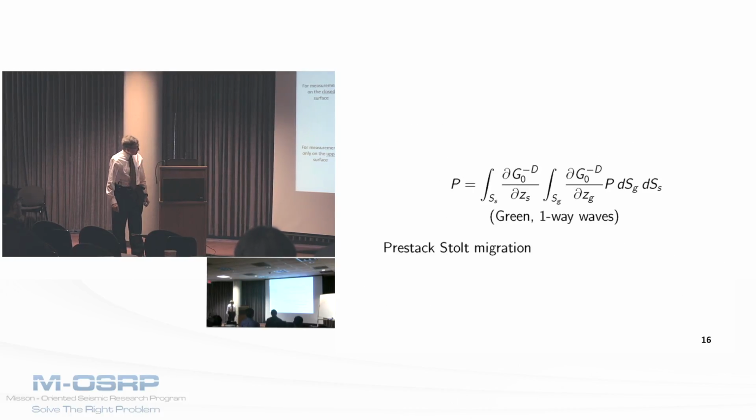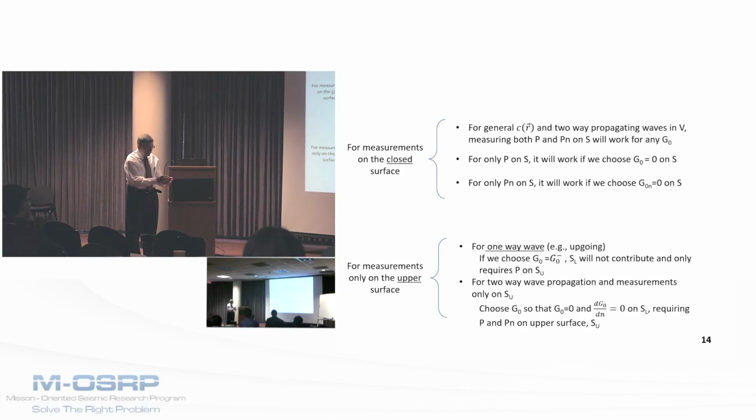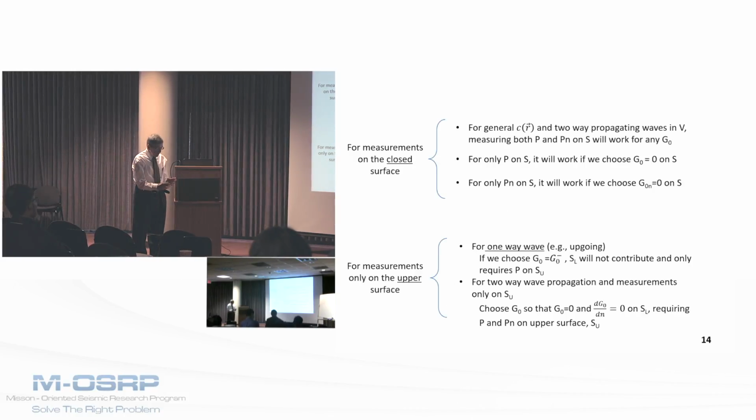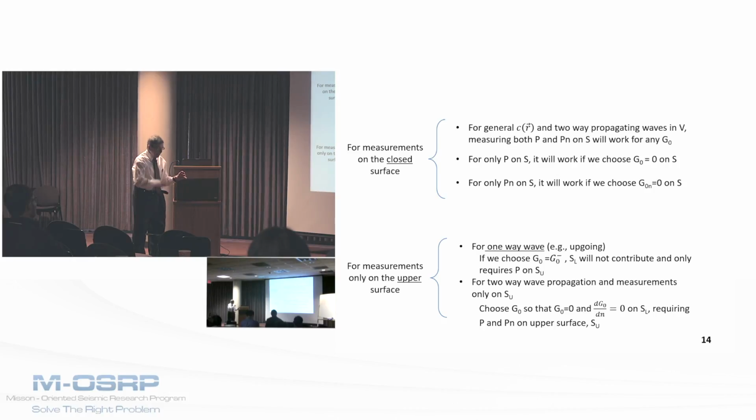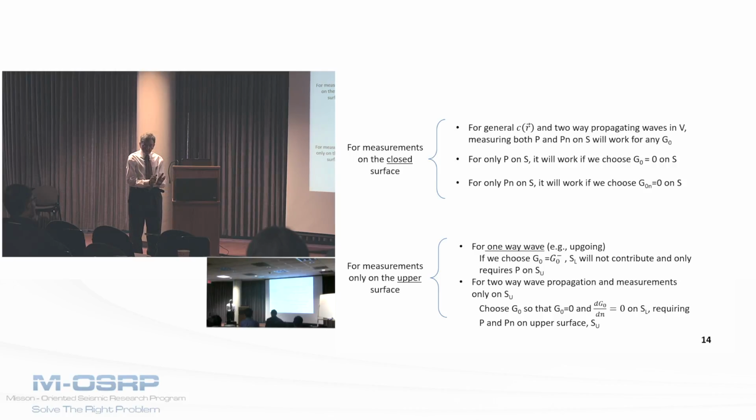Here's a slide. You get P grad G, G grad P. If you give me P and the normal derivative all around, you can pick any G0 you want, and you'll get the field in there. People will say, wait a minute, that's overdetermined. It's not overdetermined if you give me measurements. Measurements are never overdetermined.